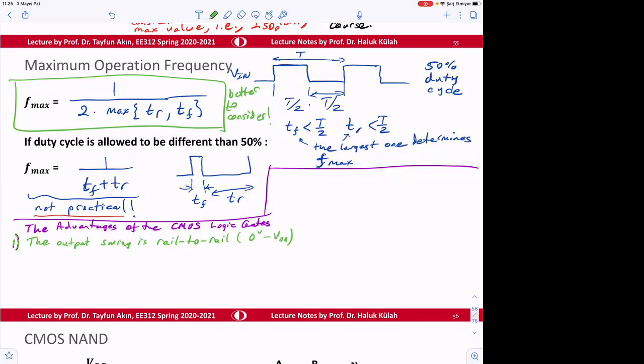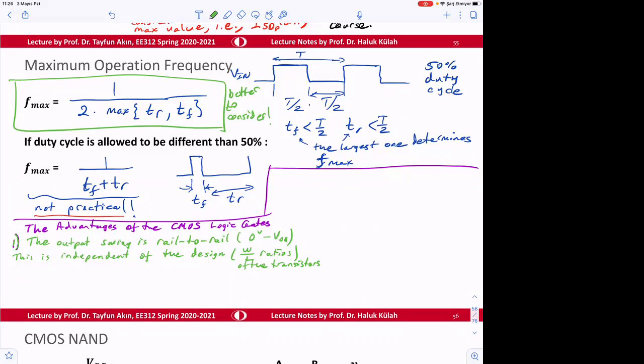Okay. So this is independent of the design. That means W/L ratios. Okay, no matter what. Okay, it becomes like this.